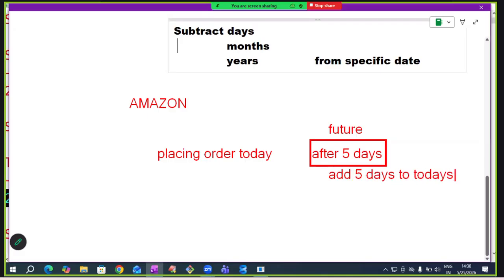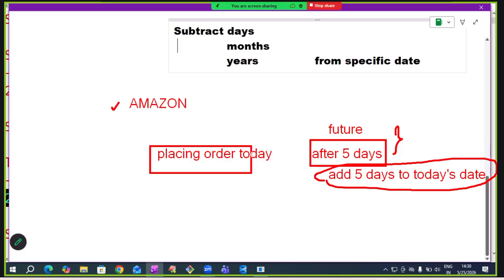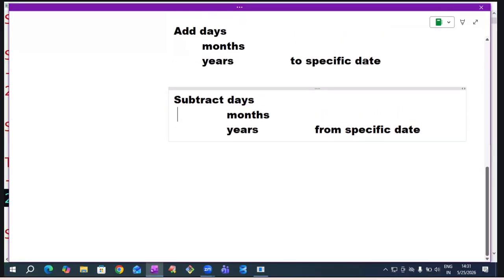How to add days, we need to learn now. After 5 days date, you get. So to work with future dates, we need to add. This is an example on adding days.